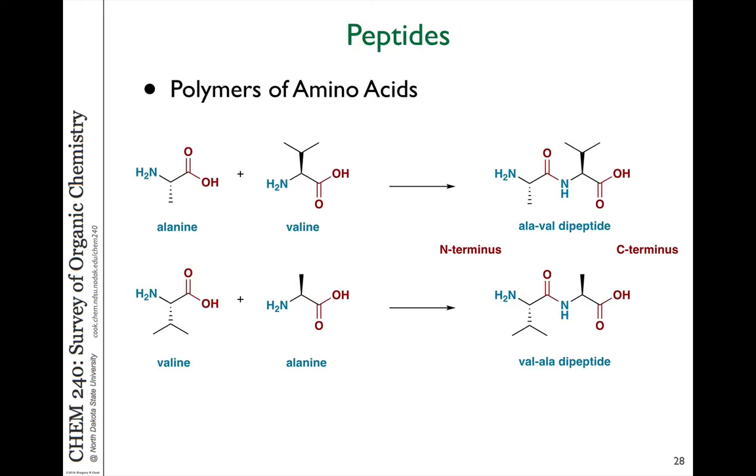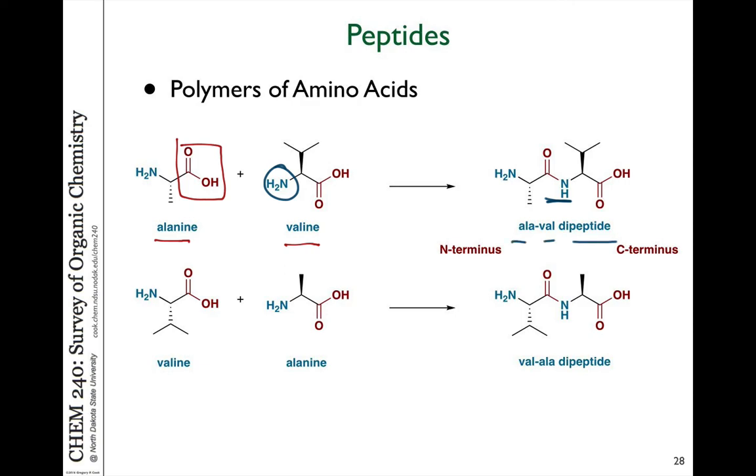The way proteins are formed is by making amide bonds between an amino group of one amino acid and a carboxylic acid group of the other amino acid. So for example, if we take alanine and valine and mix them together, you could do this in a couple of different ways. If you take the carboxylic acid of alanine and the amine of valine and connect them to make an amide bond, this is called an alanine-valine dipeptide.